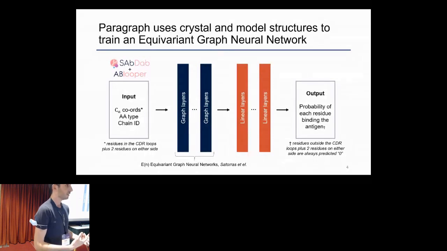So we can retain the vast majority of those residues and just focus our search on this much smaller area, and then simply extend our results at the end by predicting 0 for all other residues. And this is an approximation that holds really well because only about 1% of residues outside of this search area are actually found to bind the antigen.